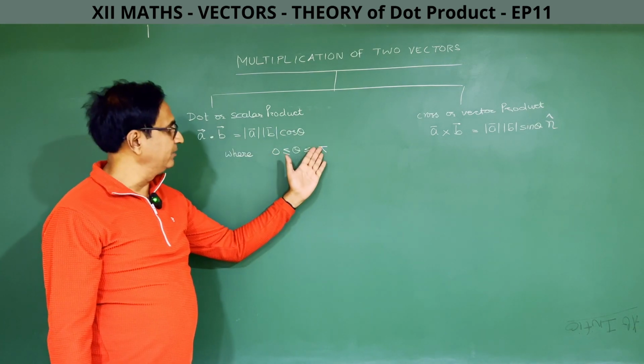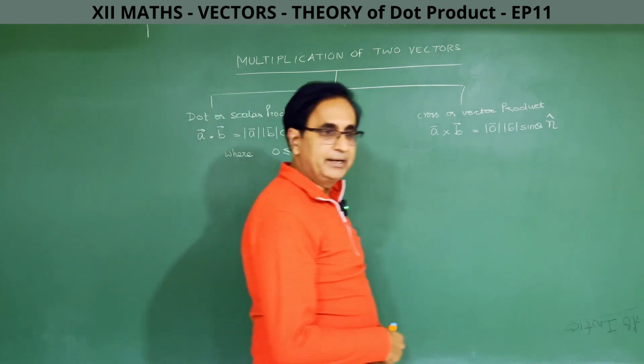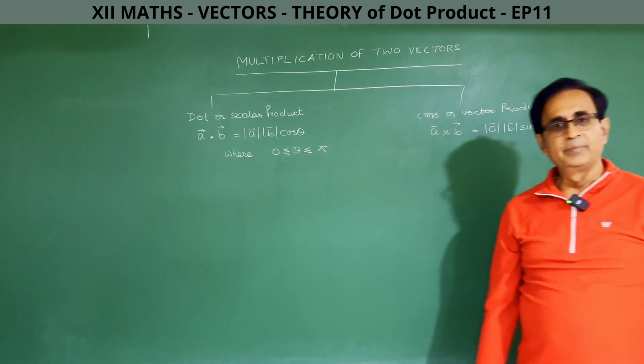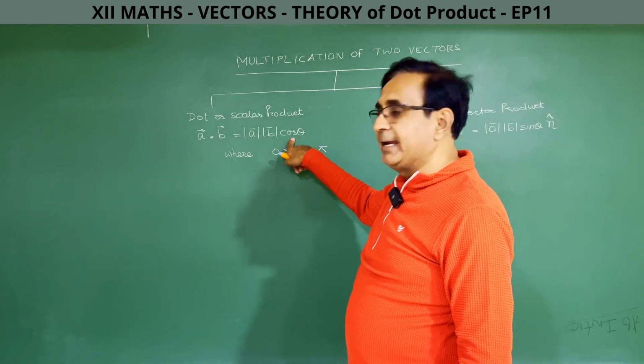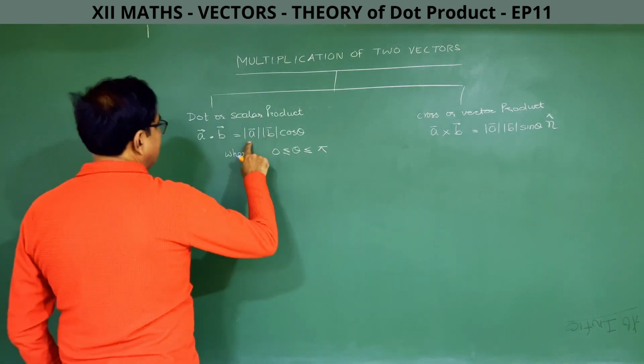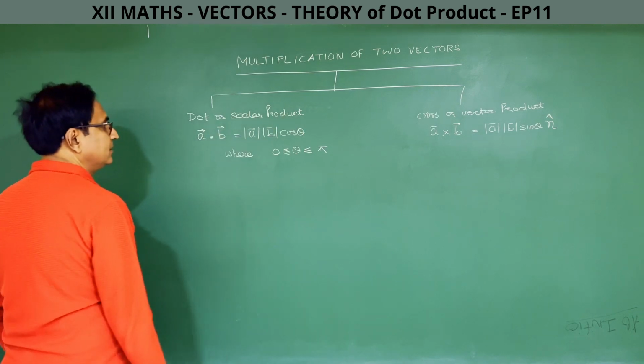So when the angle is more than pi by 2 and up to pi, cos theta will be negative. In that case A dot B will be a negative number, and if theta is 90, A dot B will be 0, and if theta is acute, A dot B will be positive.